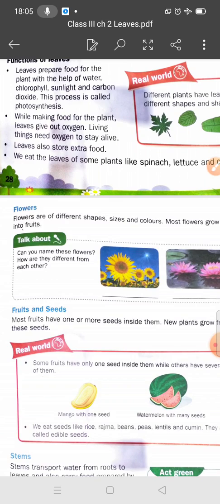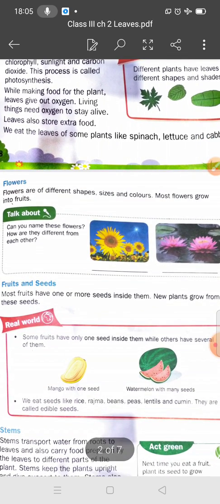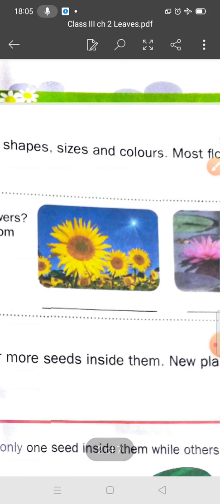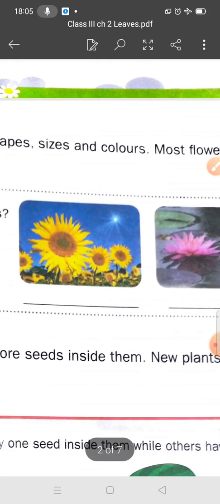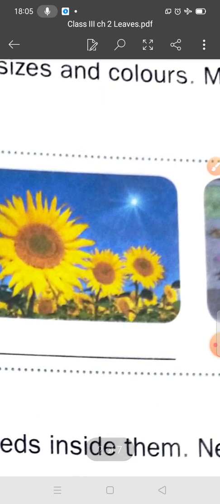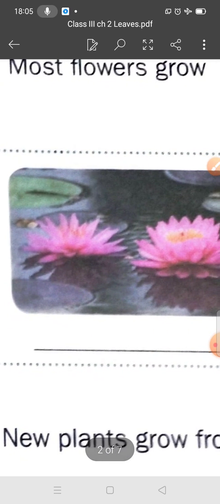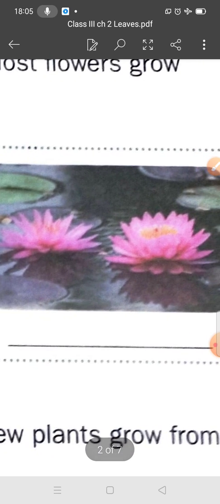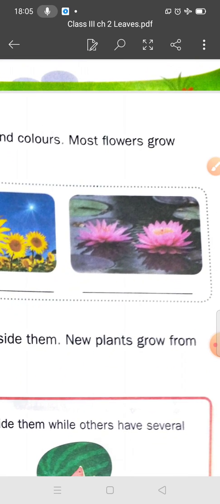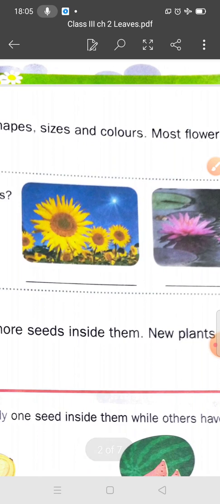Can you give names to these flowers? First is a sunflower. Yes. And which is this flower? Yes student, lotus. Now what is the difference between these two flowers?